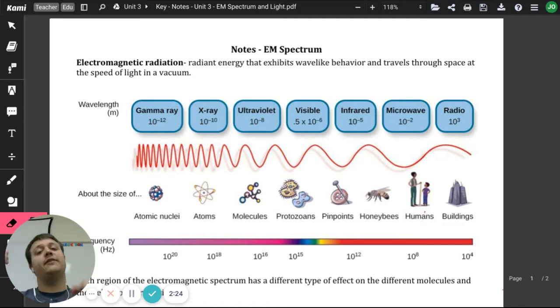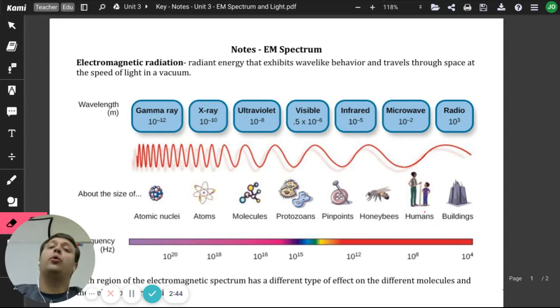So they have an inverse relationship. If I'm talking about a very long wavelength, I know its frequency is going to be very low, and if I'm talking about a very short wavelength, it's going to have a very high frequency.